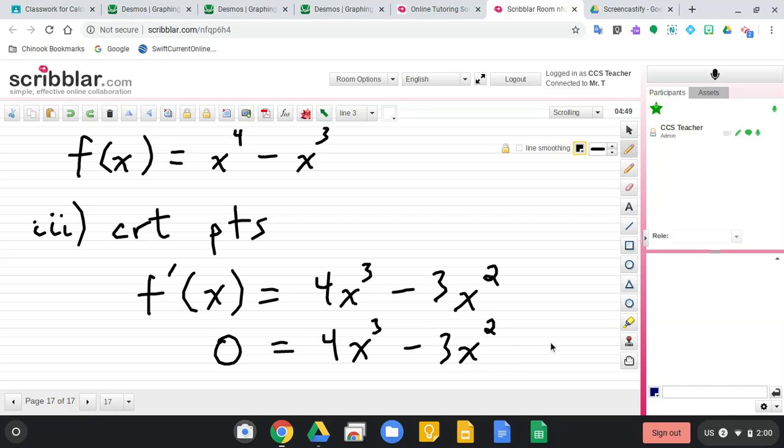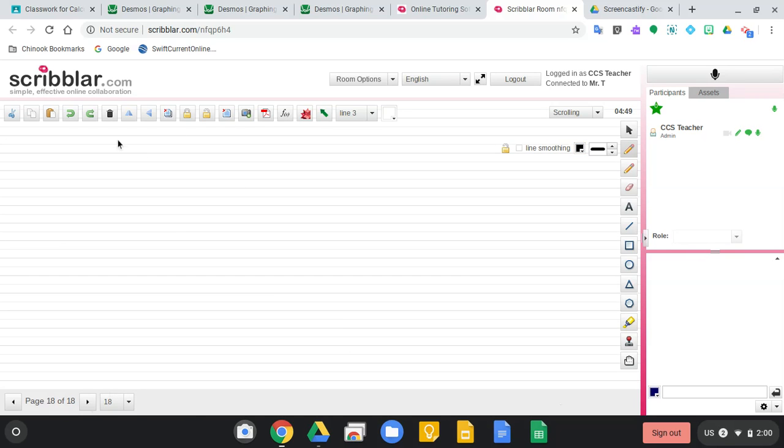Well, if I'm going to solve this equation, I can take out a greatest common factor. The only factor I can take out, it looks like, is an x squared. So if I go to a new page, I will have 0 equals x squared is my GCF. And when I take that out, that will leave me with 4x minus 3.